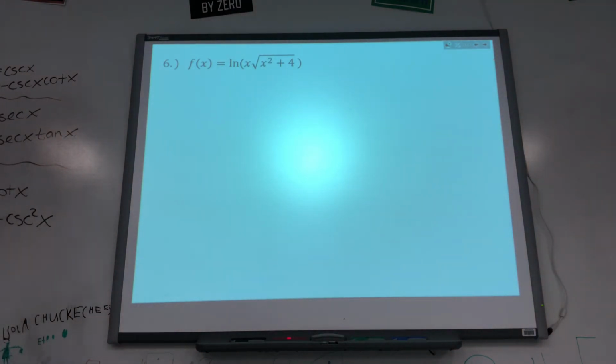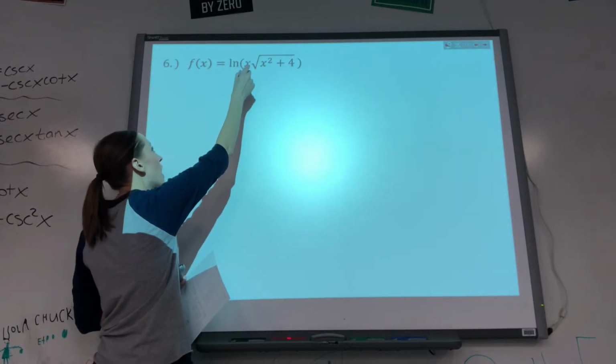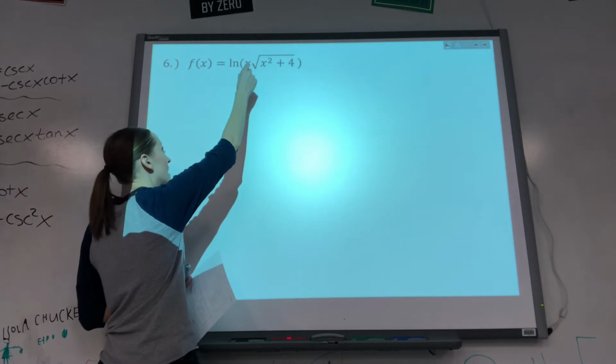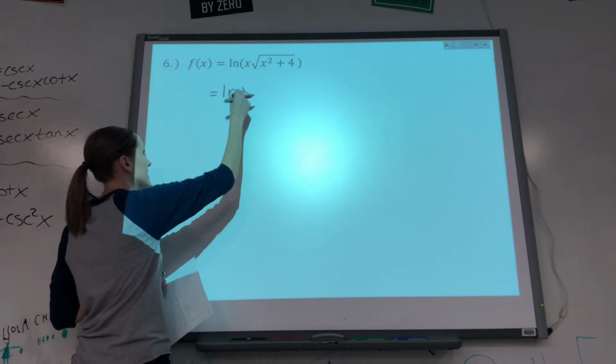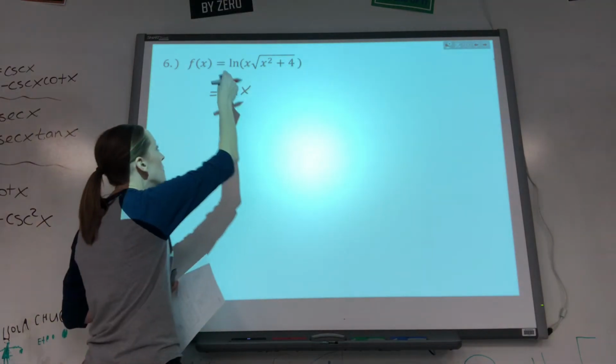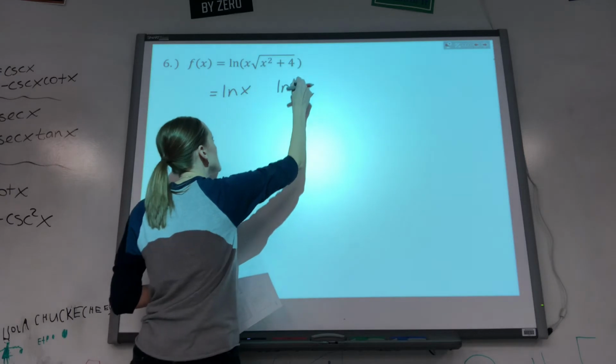Back in Algebra 2 and in pre-calc, we had a property that said if you take the natural log of a product, you can basically separate that product by taking the natural log of each part separately.